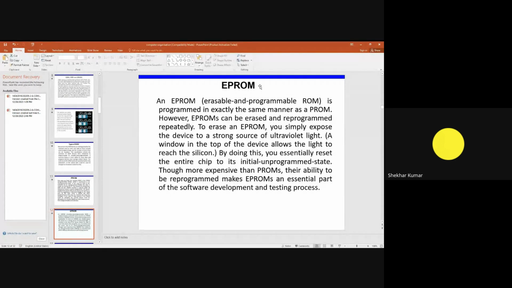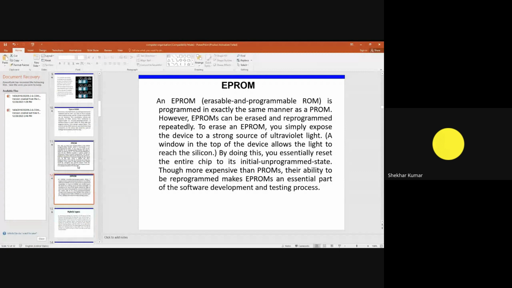Next comes your EEPROM, that is your electrically erasable and programmable read-only memory. This allows data to be erased with a high voltage electric charge.